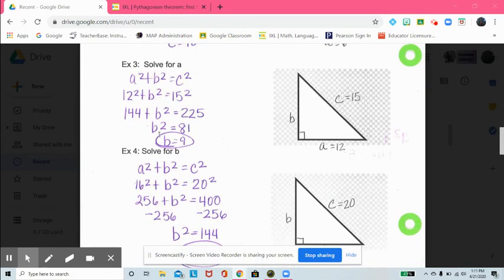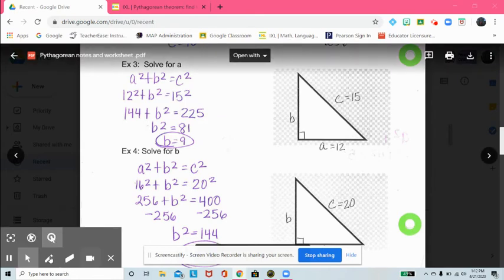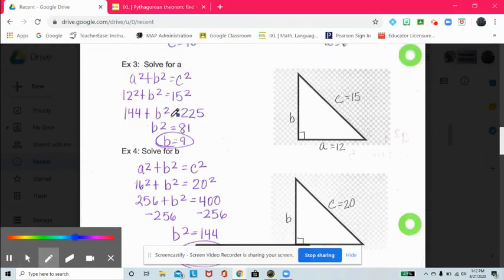So you're going to get b squared equals 81. How did I get 81? To get b squared by itself, we had to subtract 144 here. So if you subtract 144 here and here, you're going to get 81. Then you take the square root of each side of your equation, and b is equal to 9.